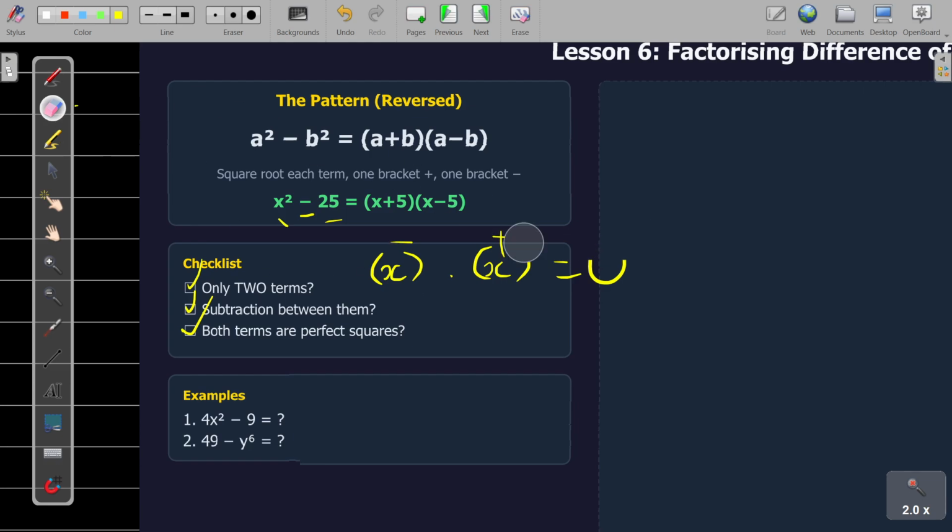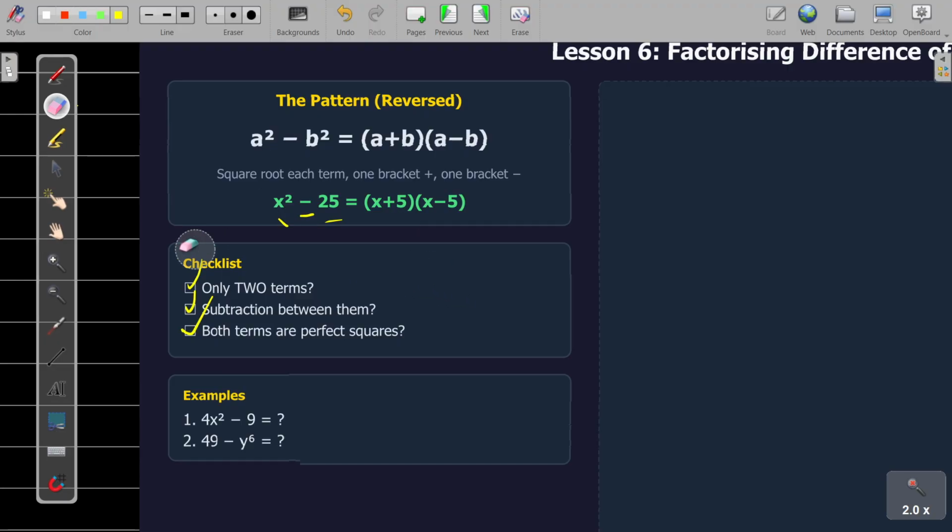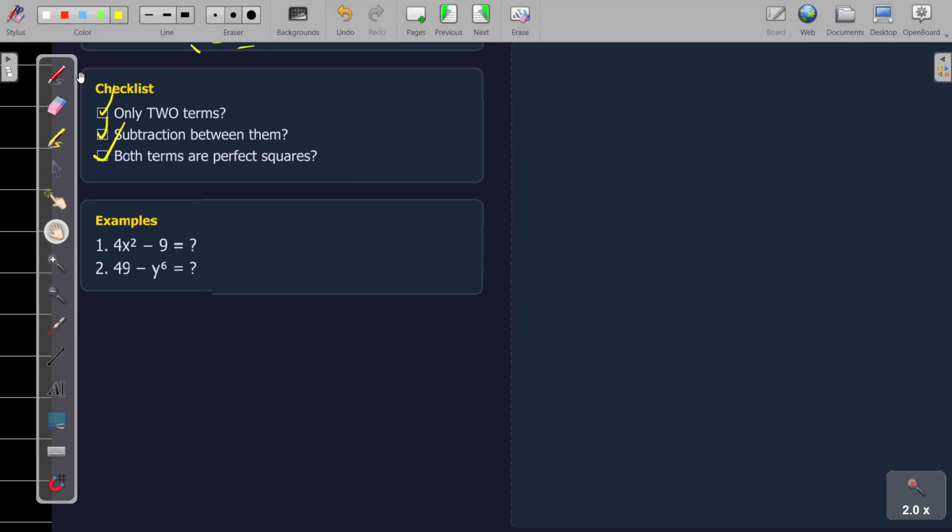If you pass your checklist, set up two brackets, put x as the first term, and then put a plus and a minus.